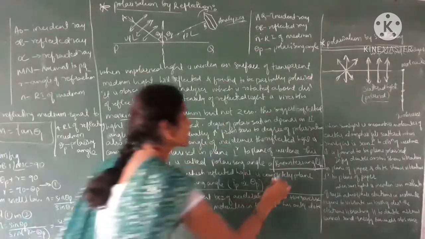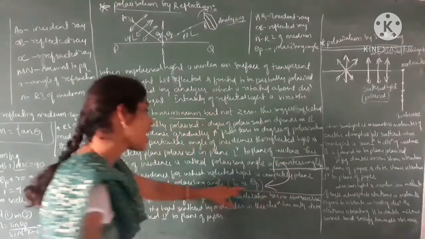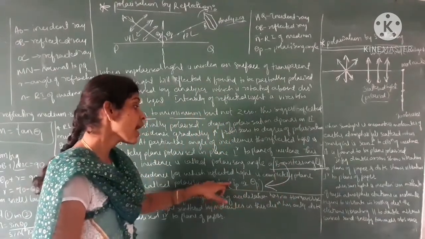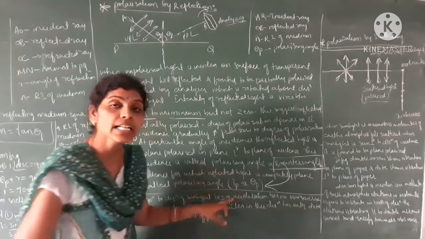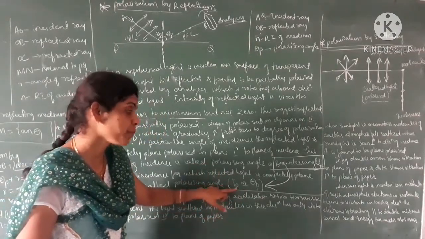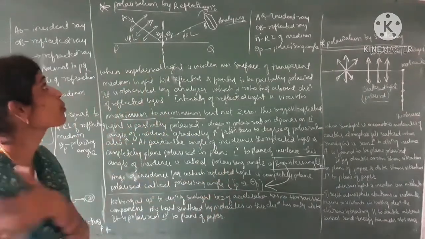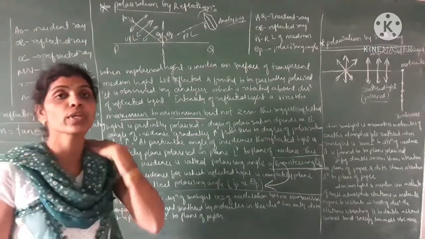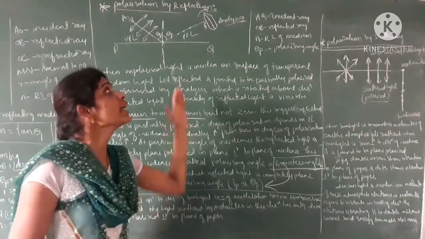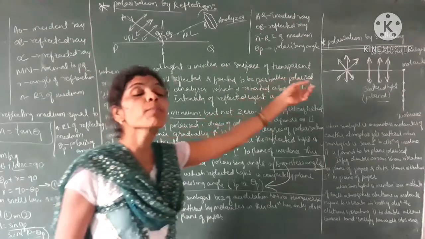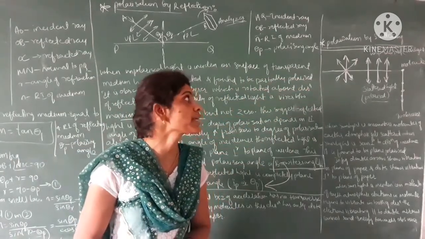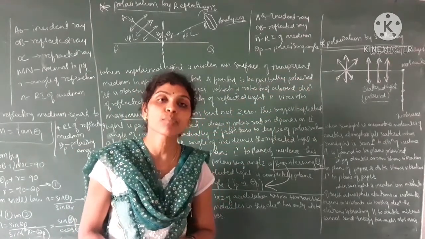It is represented by the symbol theta I, or the polarizing angle is represented as i p. So this is how polarization takes place by the reflection method and by the scattering process.